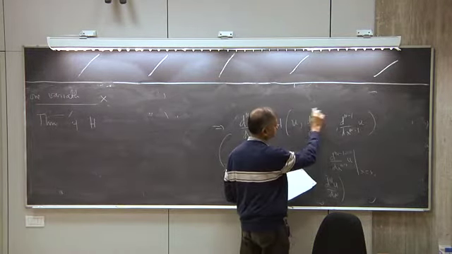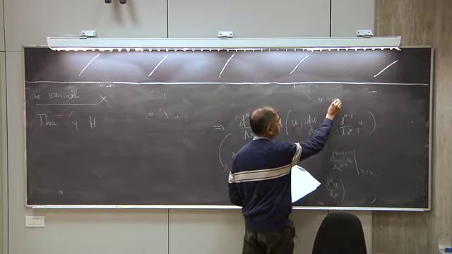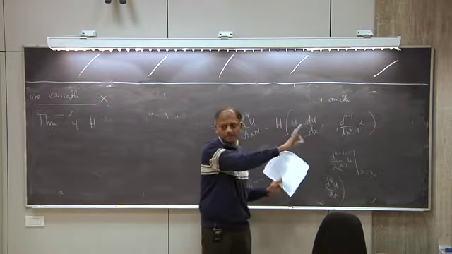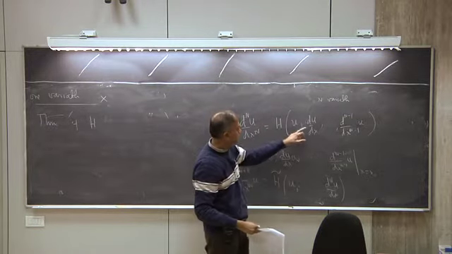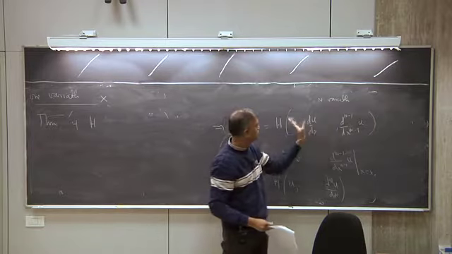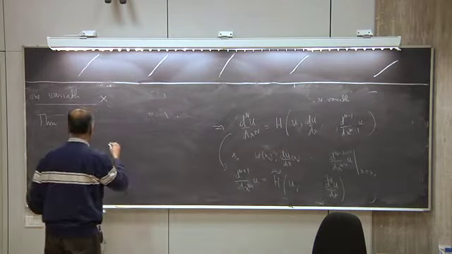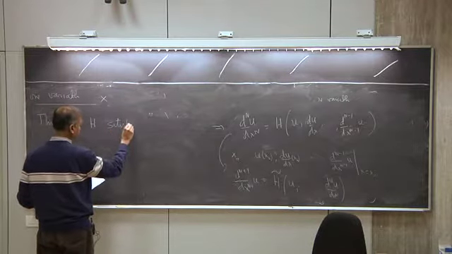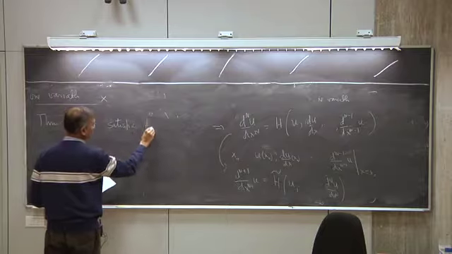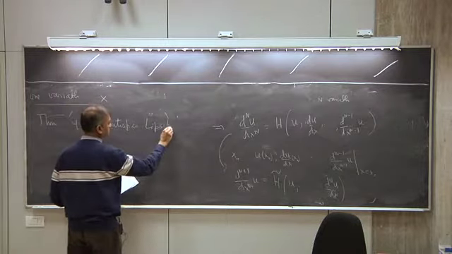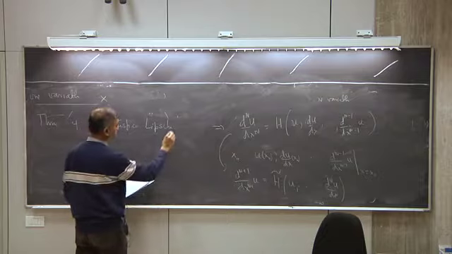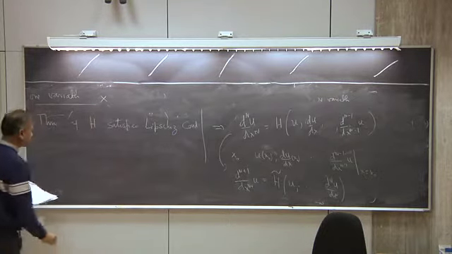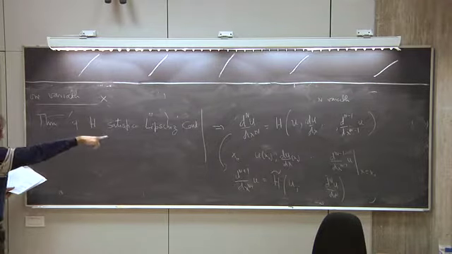How many variables are there? There are n variables, in the sense that u, du by dx, and so on, I think of them as independent variables, so 1, 2, all the way up to n. So H depends on n variables. If H satisfies a condition which is called the Lipschitz condition, and I will just define what that condition is, a condition in those n variables.